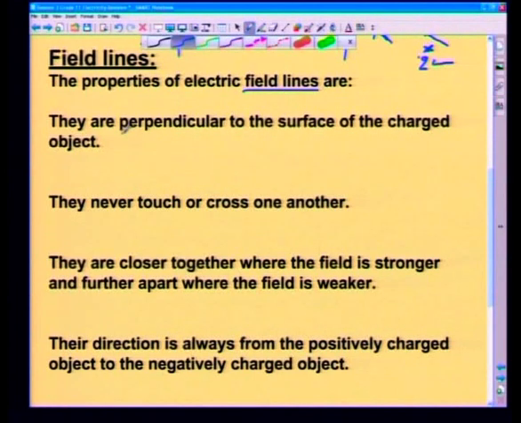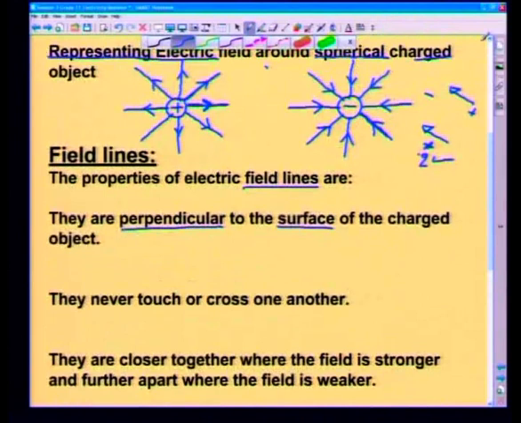One is that they are perpendicular to the surface of the charged object. So you will see why I made it a point that as you look at my lines, they land on the charge at right angles, and they move out of the charge at right angles as well. I tried my best to show that.